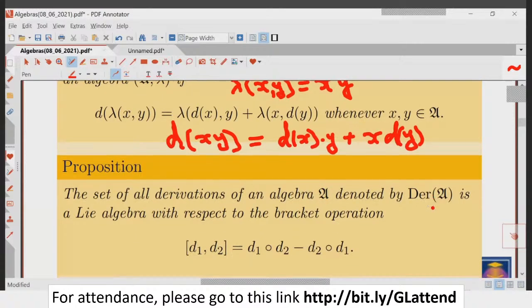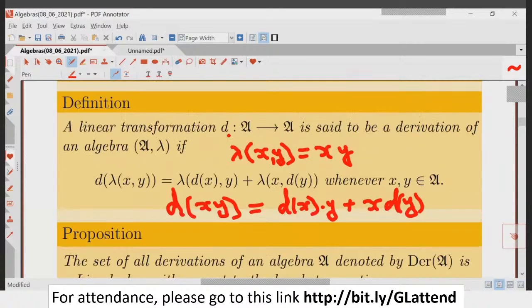Now, of course, if you have two such functions, then you can take their composition, because you have A, A, and A. This is one of them, D1. This is another one, D2. You can compose them.